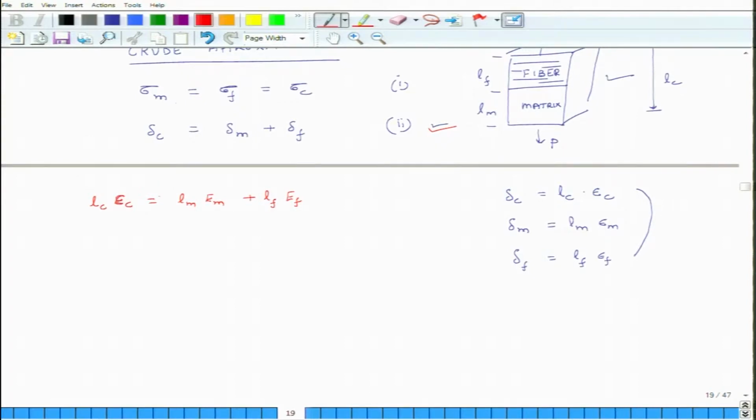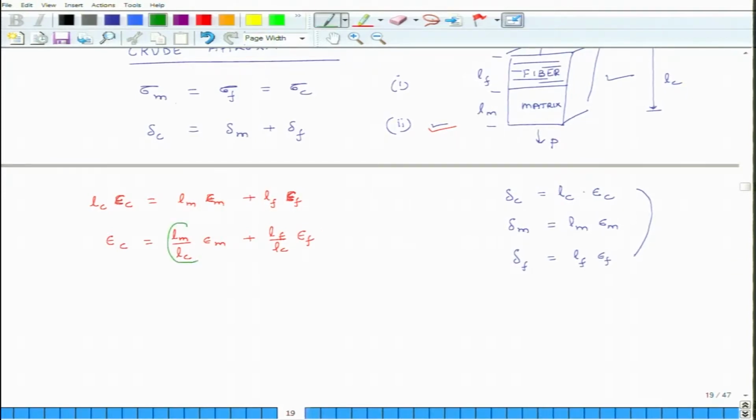These are strains, not Young's moduli. If I divide this entire relation by Lc, I get the strain in the composite equal to Lm over Lc epsilon m plus Lf over Lc epsilon f.